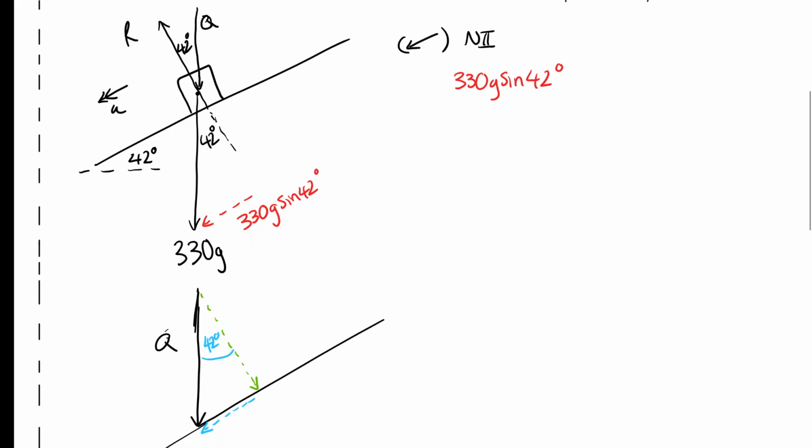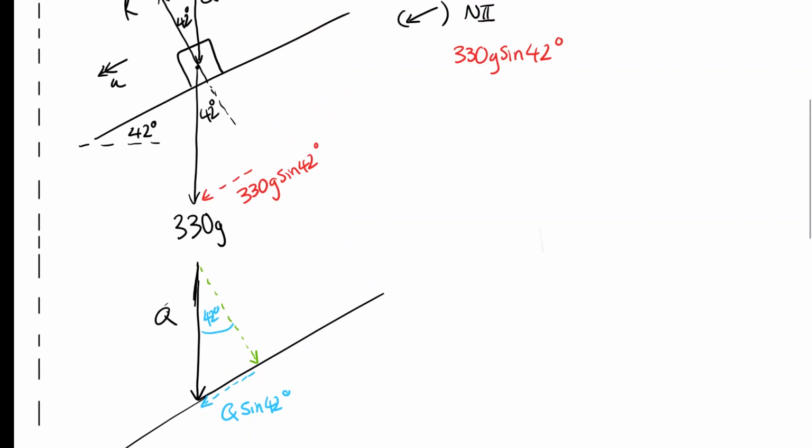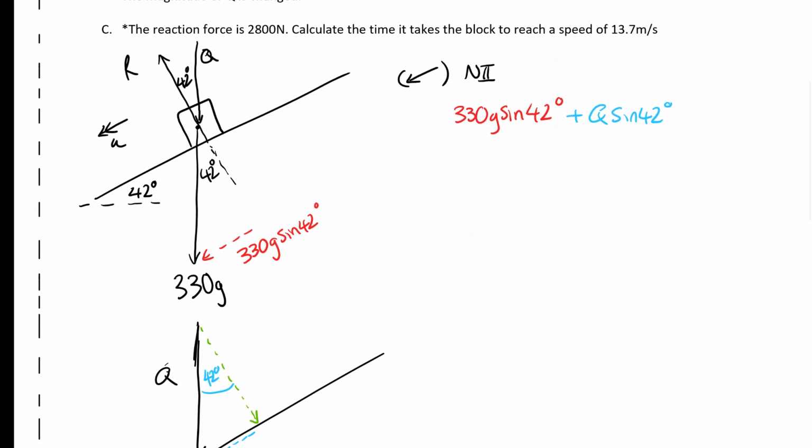So this component, the blue one, the one that's opposite, would be Q sine 42 degrees. When we use opposite in these triangles, we'll always be using sine. So we add Q sine 42 degrees. Both of those, both Q and the weight, are working to drag this down the slope. They're the only forces that act along the slope, or the only components that do. So together they make MA.